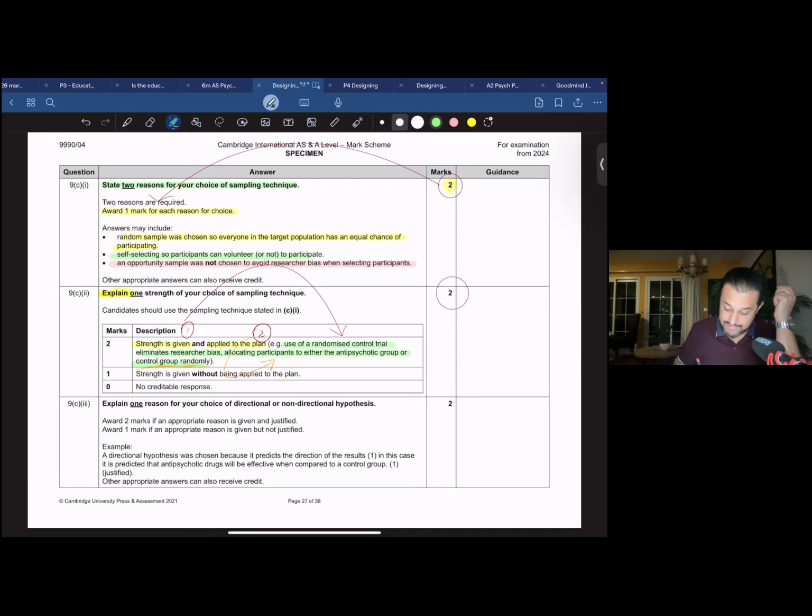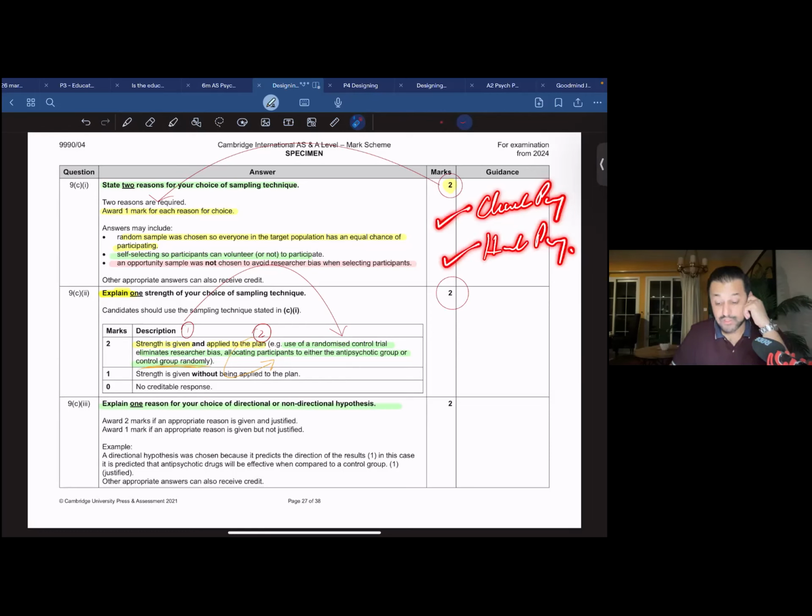The third one: explain one reason for your choice of directional or non-directional hypothesis. Remember, my dear, when I said before you even attempt this question, make sure that you're reading through questions from both of the specialist options that you've studied. Like I teach clinical psych and health psych, I'd advise you all to read through questions from here and from here, especially the B part, and especially the two specified features in the A part.